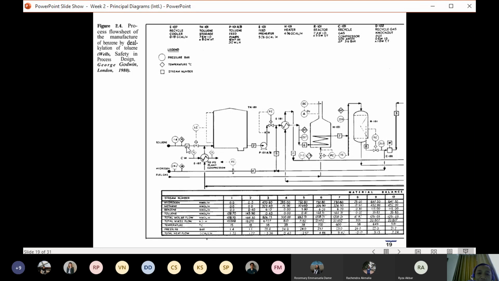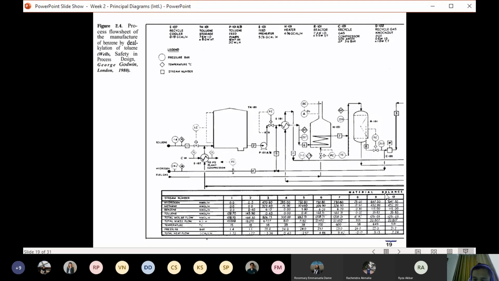For example, stream number 1 in this case, and then stream number 2. Everybody, can you see my pointer, right? Yes, sir. So it means number 2, and then number 5, for example, number 4. What is the function of this stream number? When you go down, you will see a table.